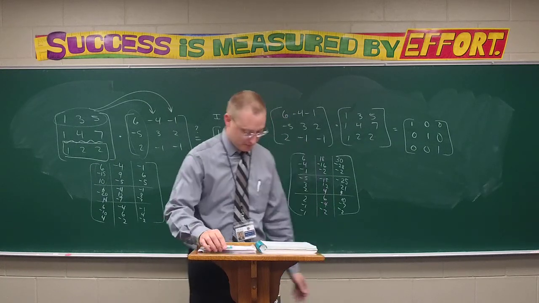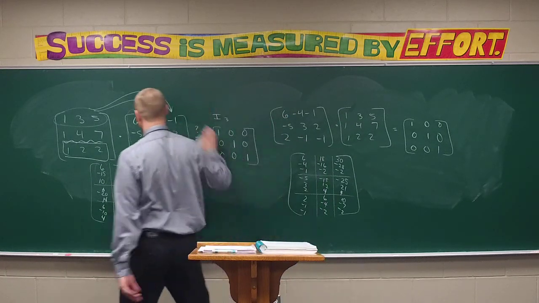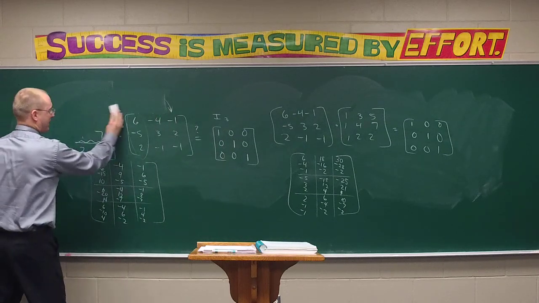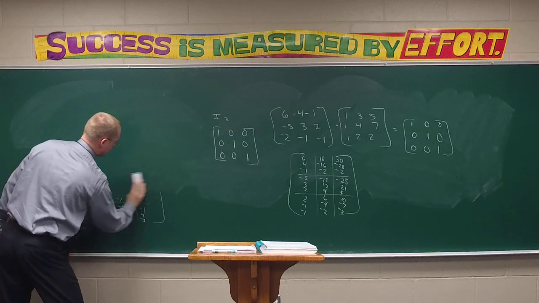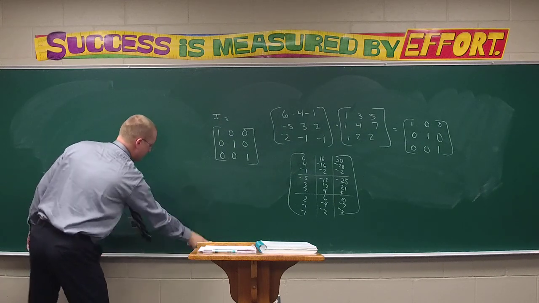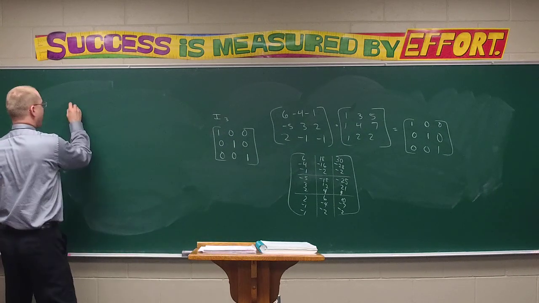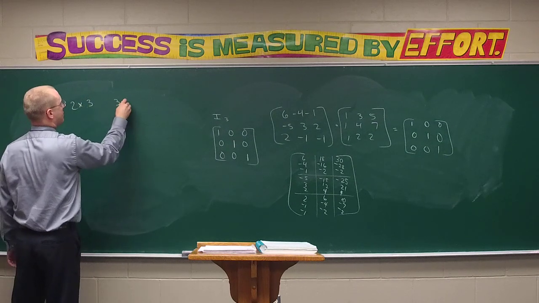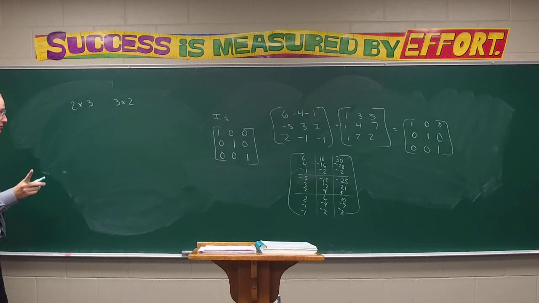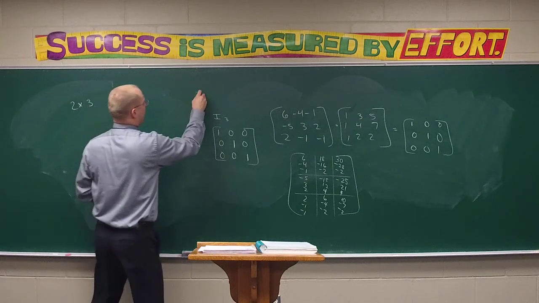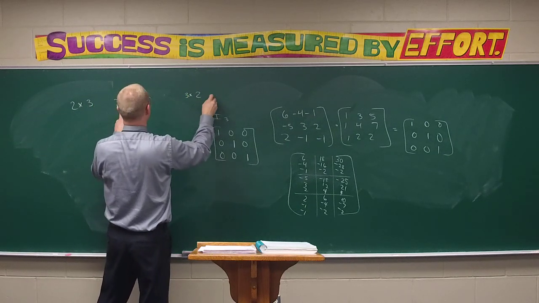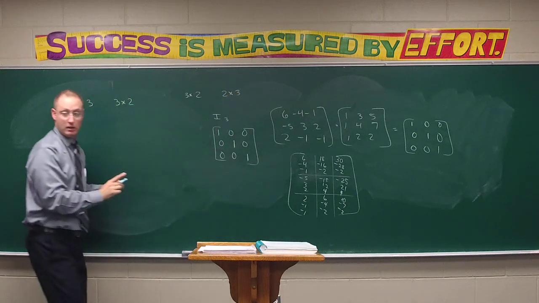Let's go to number 38. Now, these are not square matrices, are they? What are the dimensions of the first, class? 2 by 3. 2 by 3 and the second? 3 by 2. Can you multiply a 2 by 3 by a 3 by 2? Yes. Could you, in just a moment, multiply a 3 by 2 by a 2 by 3?